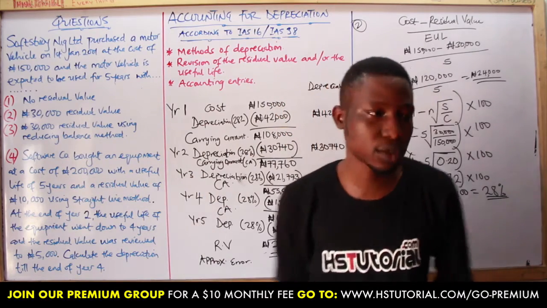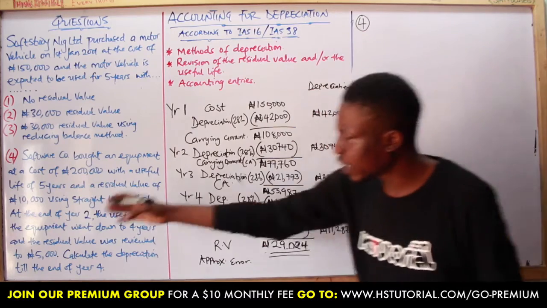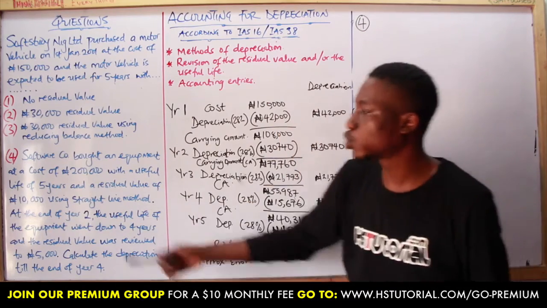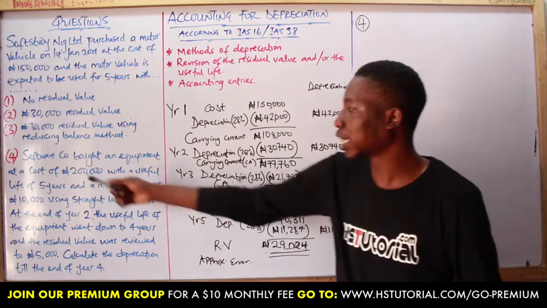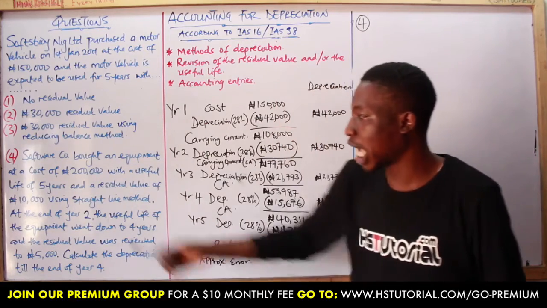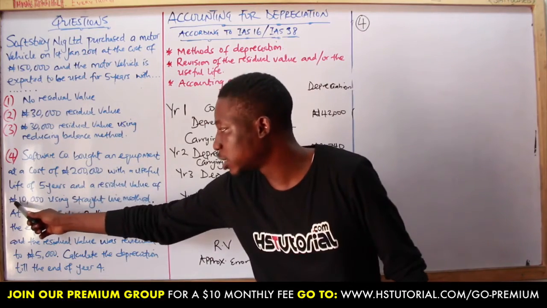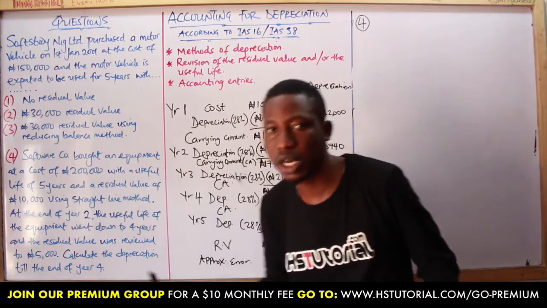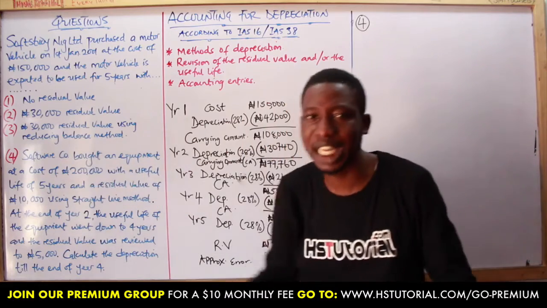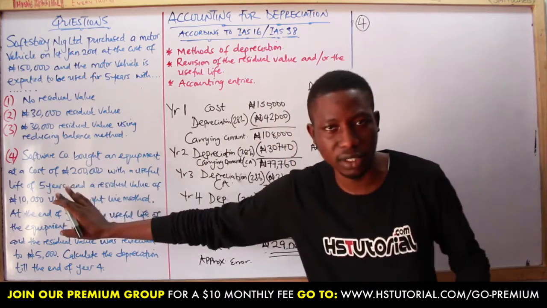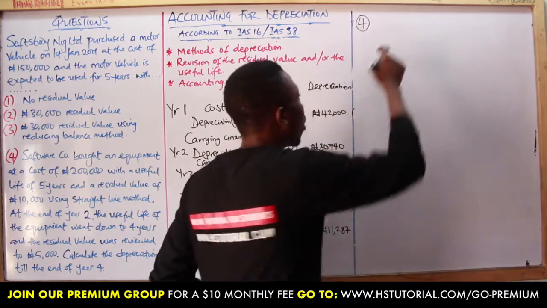Okay, so now let's solve. Based on the explanation, the asset was meant to be used for 5 years at a cost of 200,000 with a residual value of 10,000 naira. They said this one will be maintained for just 2 years based on the question.